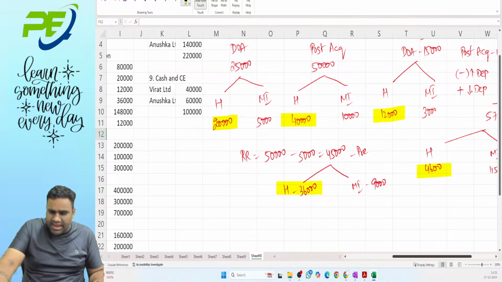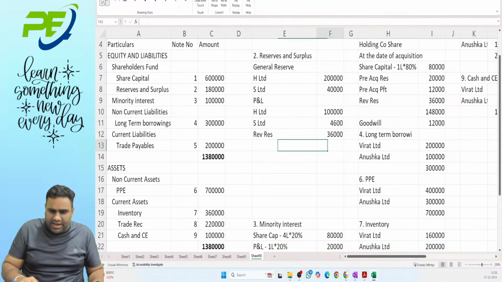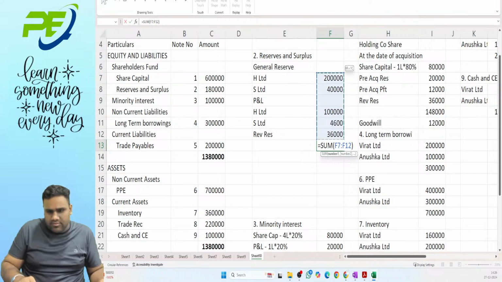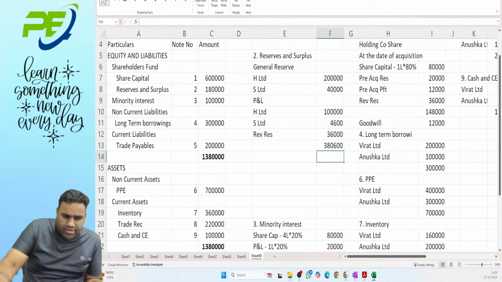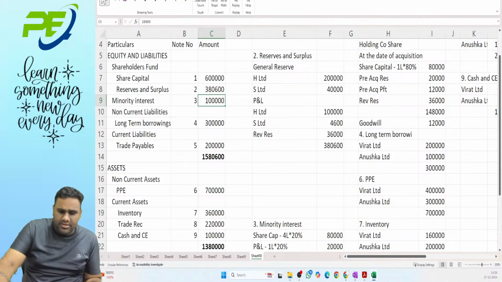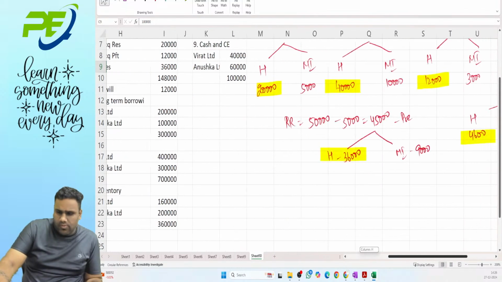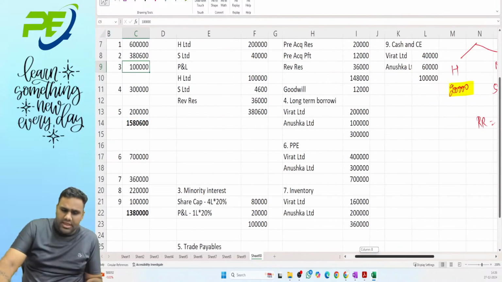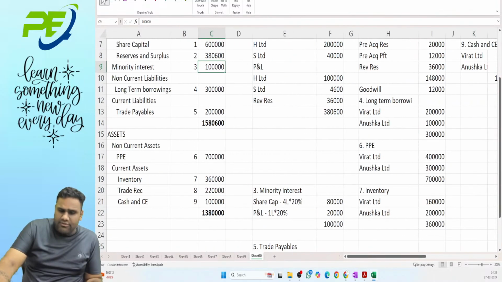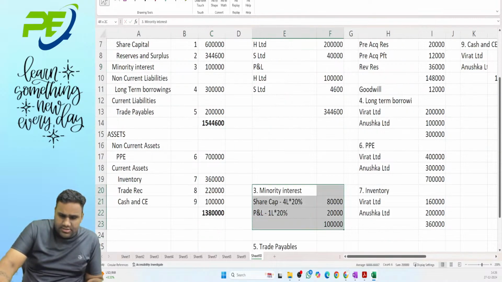You see how each number I am placing. Oops, sorry. Revaluation reserve will not come because we have already adjusted. So 344,600. Then minority interest.